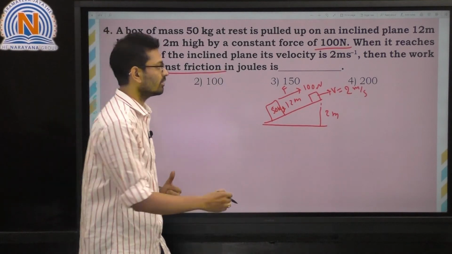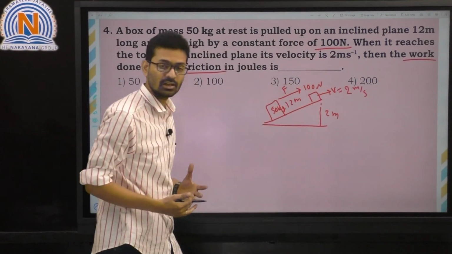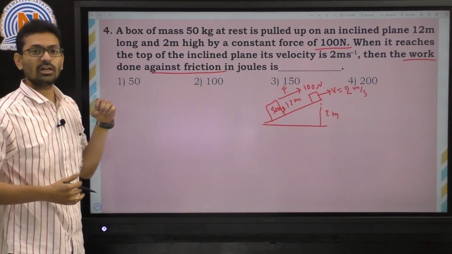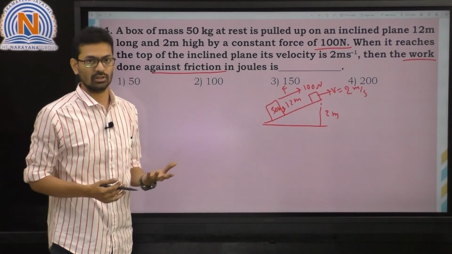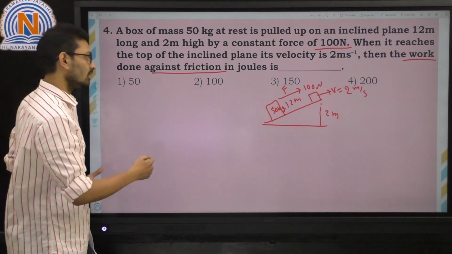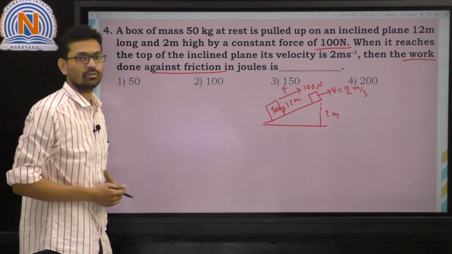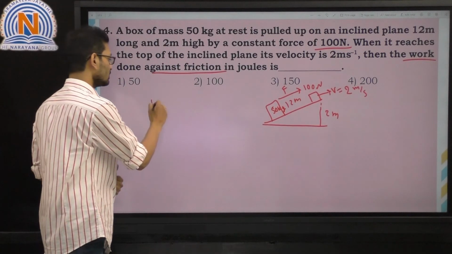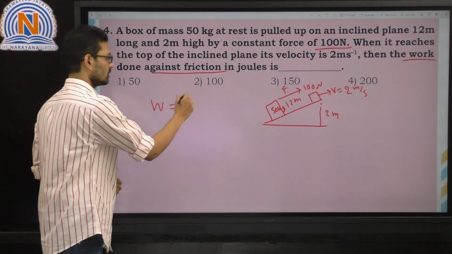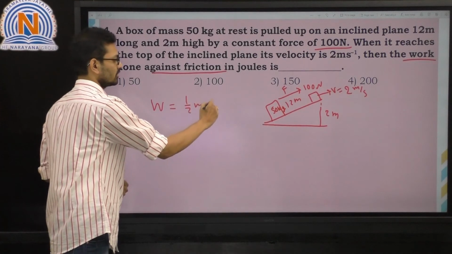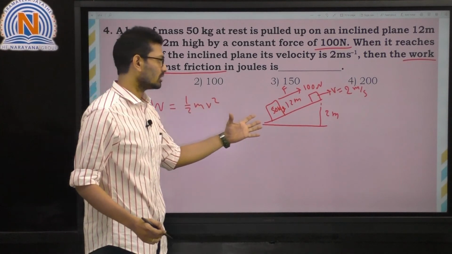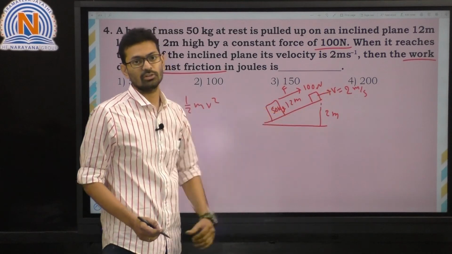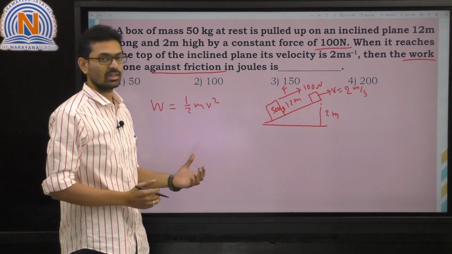Now whenever you have a question like what is the work done, it is nothing but the amount of energy which you spend on it. How do you calculate it? Work done is equal to half mv square. The energy which you spend on this particular body to move from this point to that point is half mv square, that is kinetic energy.